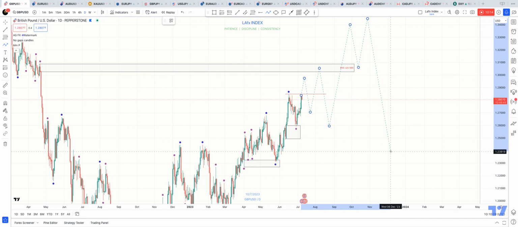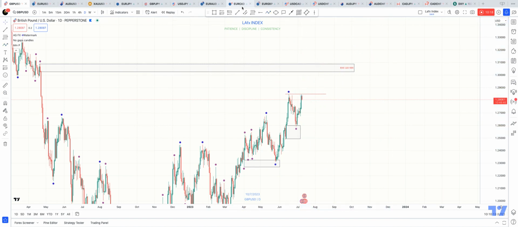Before coming all the way down, or price takes this high, comes down, respects demand, respects this area, and then goes down.